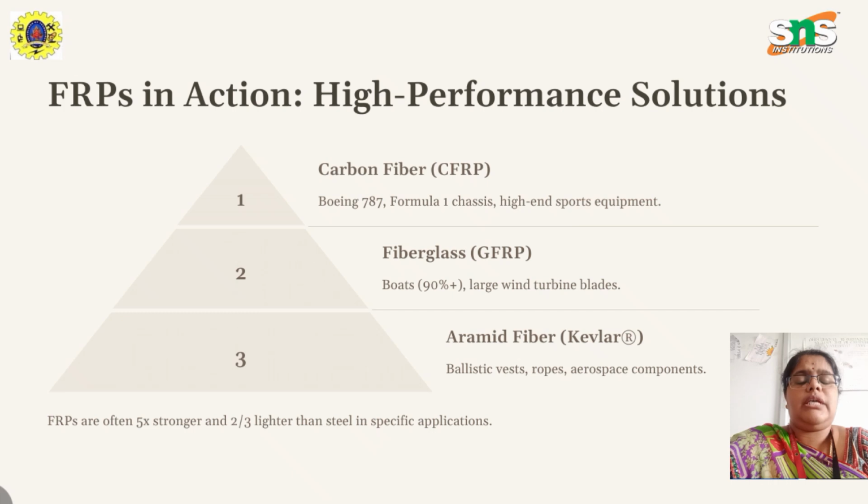Fiberglass, GFRP, is used in boats and 90 percent of large wind turbine blades. Carbon fiber, CFRP, is used in the Boeing 787, Formula 1 chassis, and high-end sports equipment.